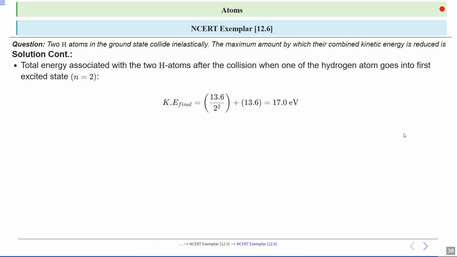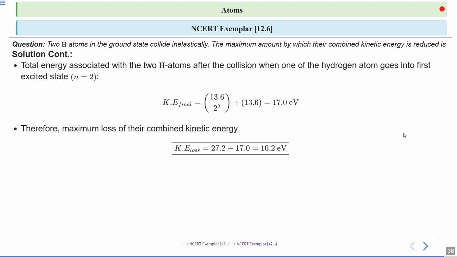Adding these together, next let's find the maximum loss in kinetic energy. This is simply the difference between the initial total energy and the final total energy after the collision. We will subtract the final energy from the initial energy to see how much kinetic energy was lost during the excitation.